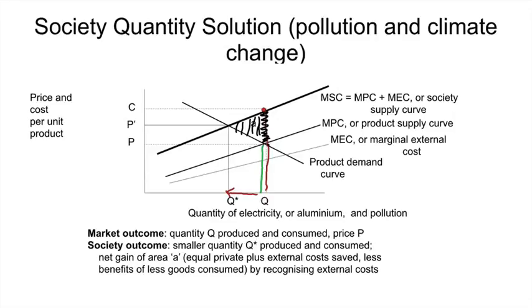There were a few people buying that electricity with relatively low marginal private benefits. They're going to have to walk to university instead of driving. Or they're going to have to be more conscientious about regulating the temperature on the air conditioning. So we have some losers. But of course the winners, the people from less climate change, gain even more, and that's this big net gain of area A.